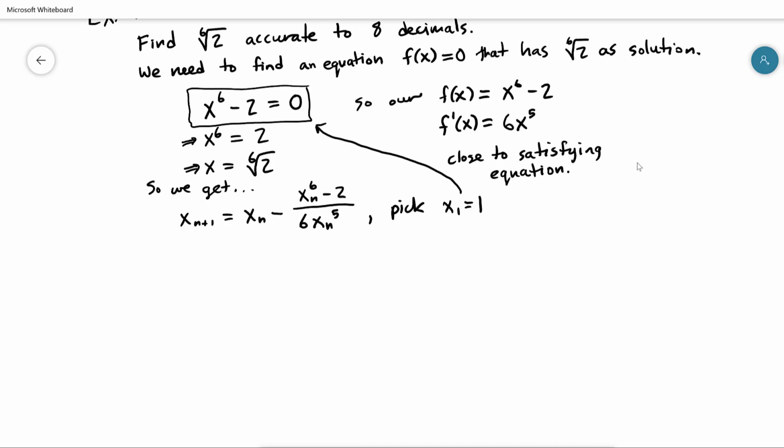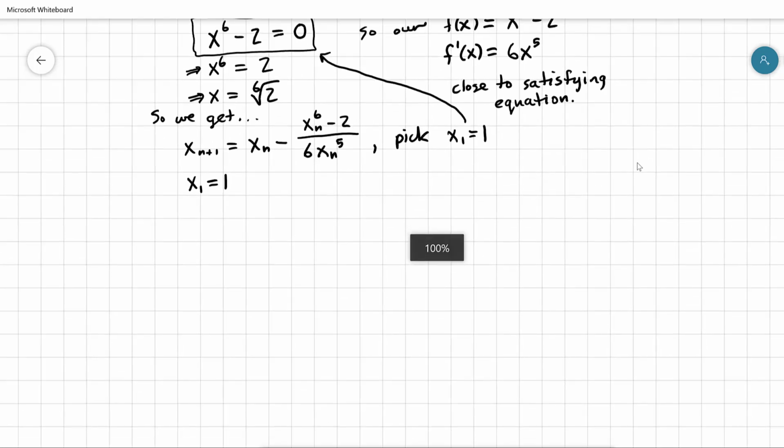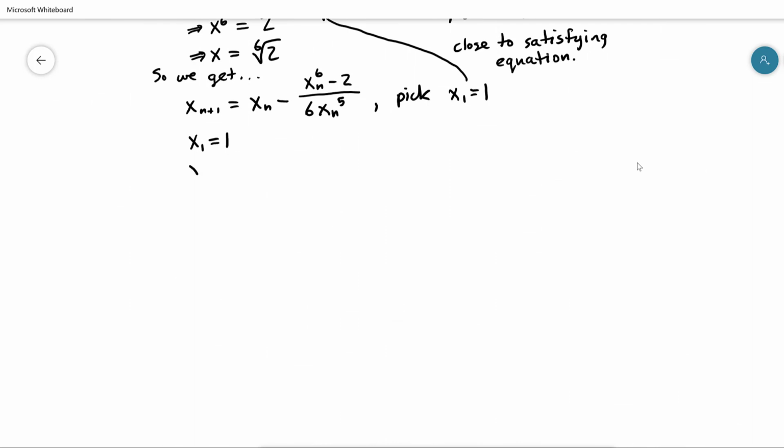So for us, if we go through this, we'll have x1 equals 1. We'll plug it in. I've just pre-computed these values, so you can try this on your own on a computer using the method that I'll show you in the next video using Excel.